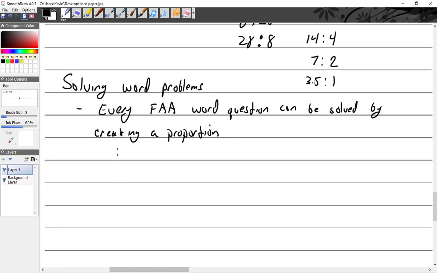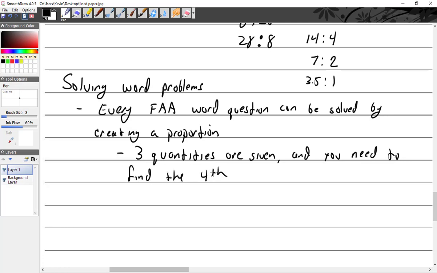If you look at it, three quantities are always given, and you need to find the fourth. They're all that way.